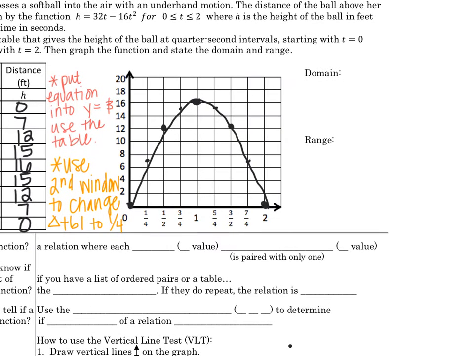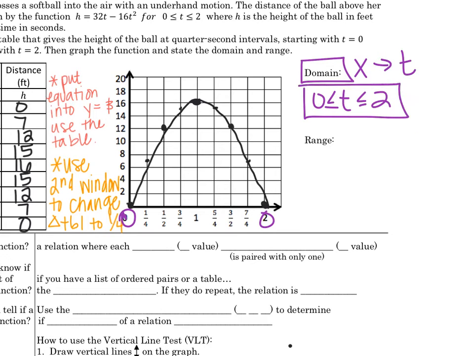Okay, so looking at this domain, our x values, in this case, happen to be our t values. So t is between 0 and 2. So t has to be greater than 0, but it has to be less than 2. Range is our height.